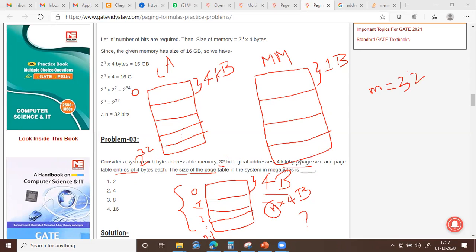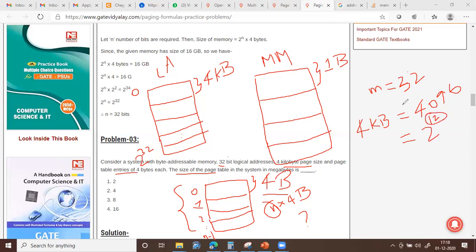The page size is 4 kilobyte. 4 kilobyte is nothing but 4096 bytes, which is nothing but 2 to the power 12. So this is nothing but n.